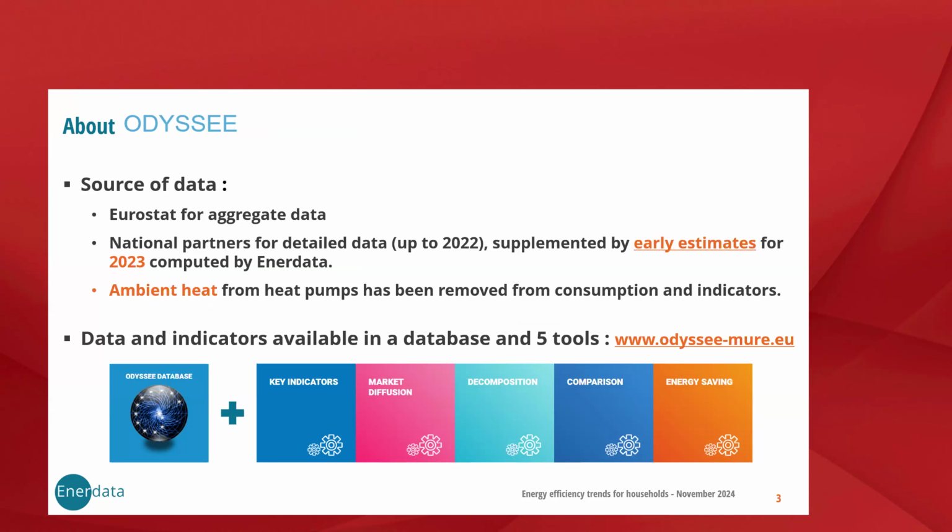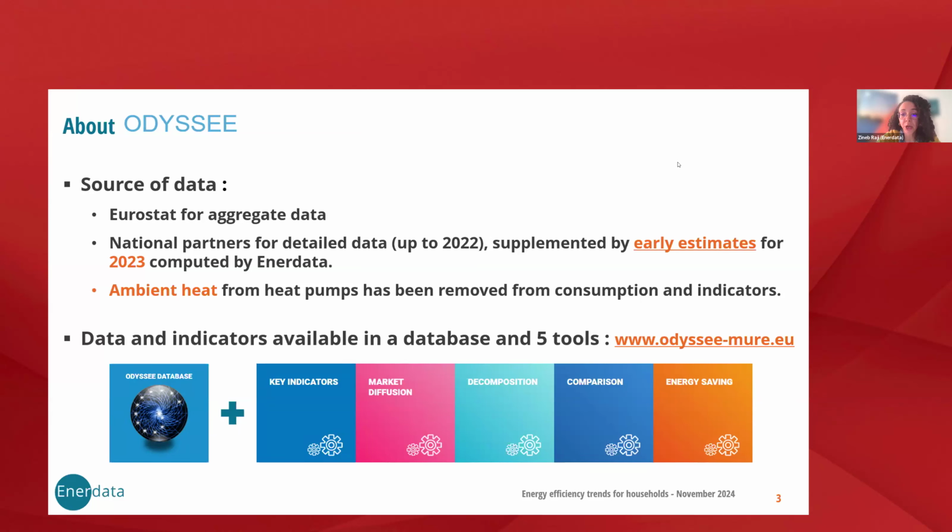Thank you, Zineb. Perfect. So in today's presentation, we relied on indicators and data from the Odyssey database, and a few information about the sources of our data. So we rely on Eurostat for aggregate data, on data from national partners for indicators and data up to 2022.